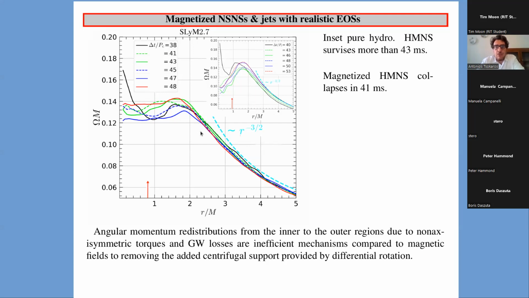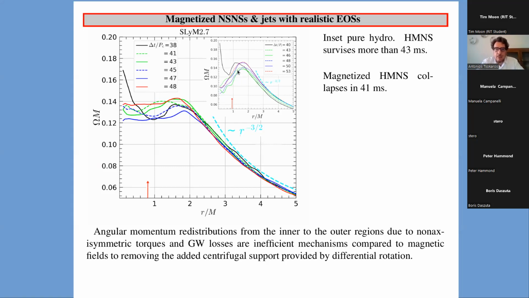And as you can see, the differential rotation law with the magnetic field tends to be uniformly rotating inside the star, which is up until here, around 2M, while if you don't have magnetic fields, as you can see in the inset, the differential rotation law doesn't change so much.